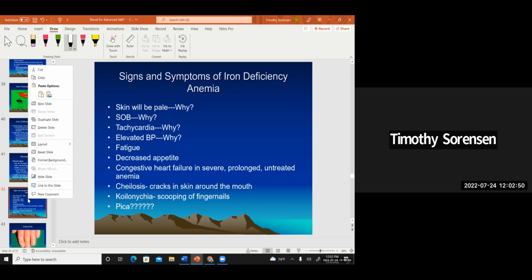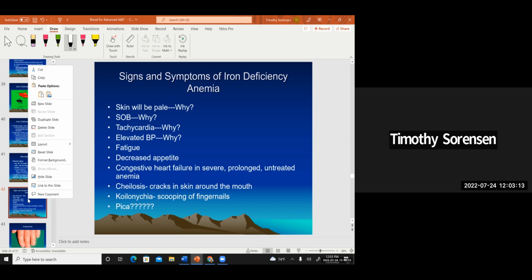And watch. The body does stuff that makes sense. If you don't have enough red blood cells to send to all of your body, then you're going to send what red blood cells you do have to the major parts of the body that need to keep you alive.